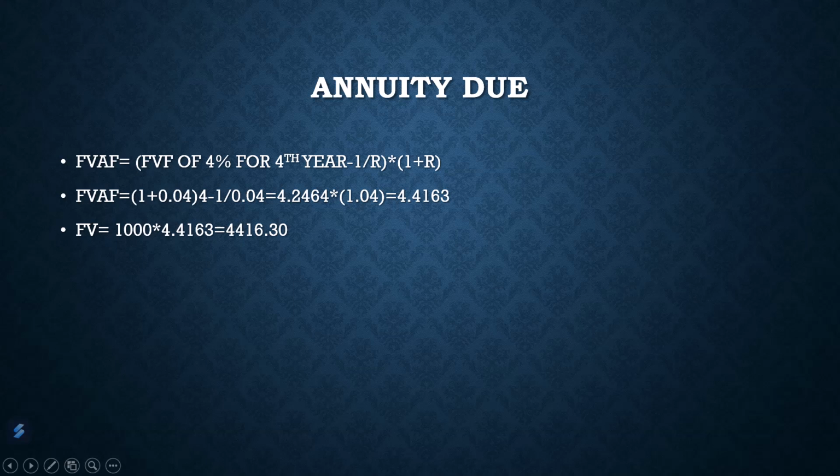And this FVF should be used to find the future value of annuity, which is obviously annuity into FVF. So 1000 into 4.4163, so 4416.3 is your answer. And it is already discussed in your annuity regular video.